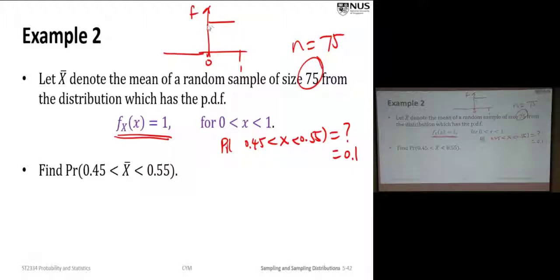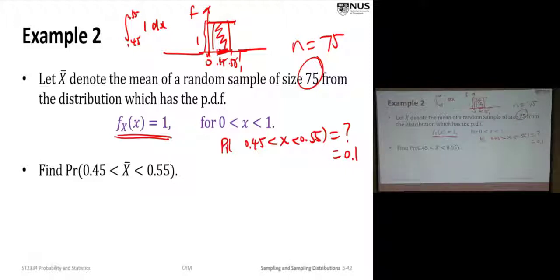It's 0 here, then jumps to 1, and after we reach 1, becomes 0. So between 0.45 and 0.55, this area is the probability. What's the length here? 0.1. Height 1, so it's 0.1 times 1, so 0.1. Or you do the integration from 0.45 to 0.55 of 1 dx, which gives you the same answer, 0.1.